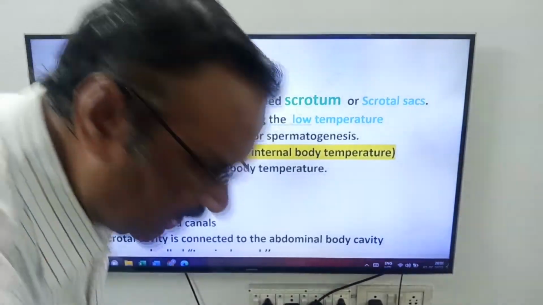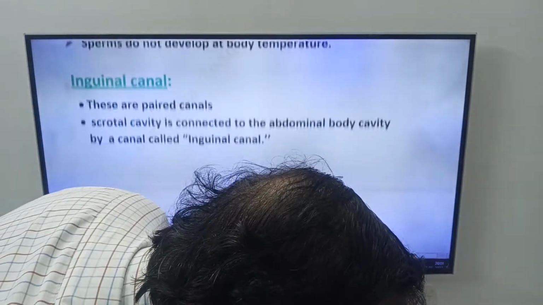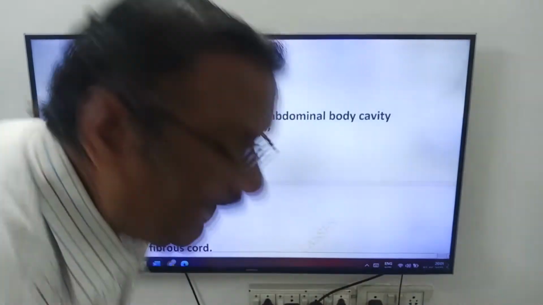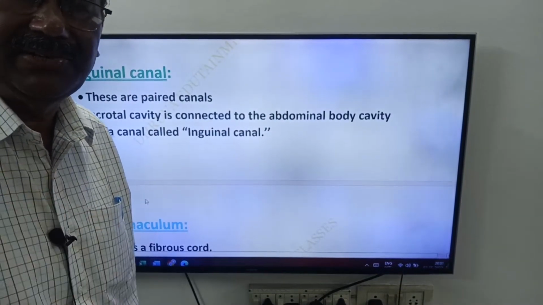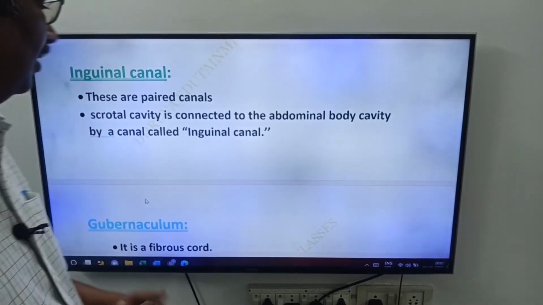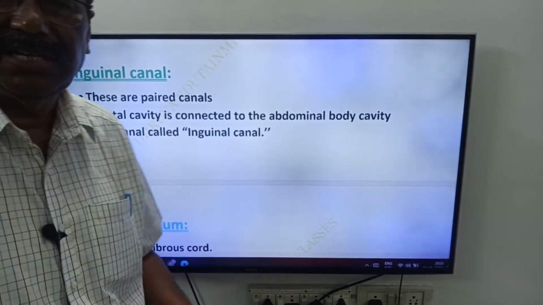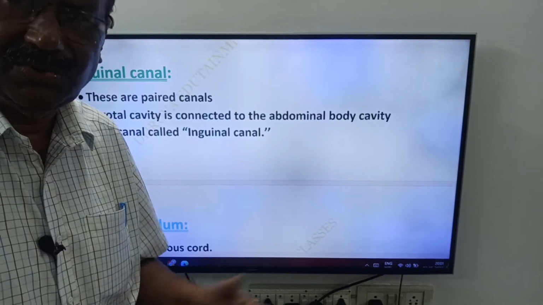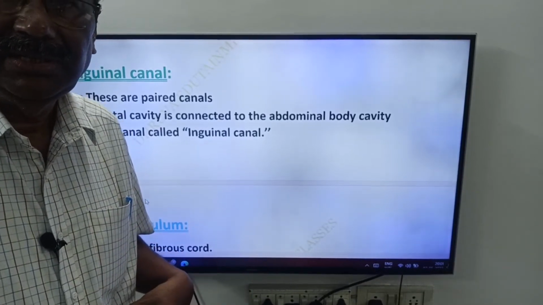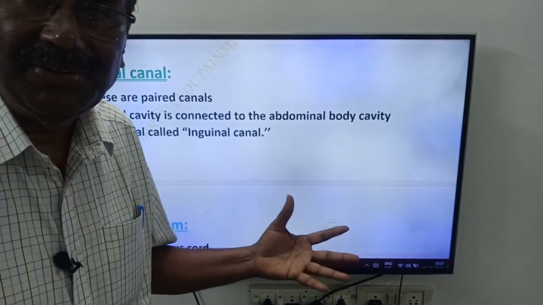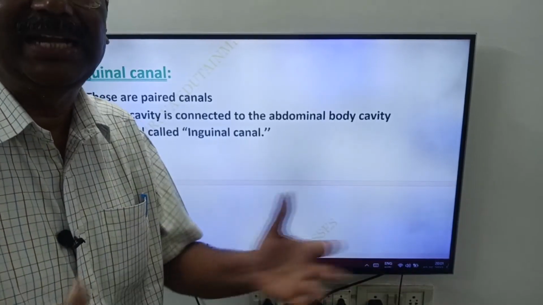Now come to one more part: the inguinal canal. Testes are present outside the abdominal cavity, but they have a connection with the abdominal cavity by a canal. That is the inguinal canal.